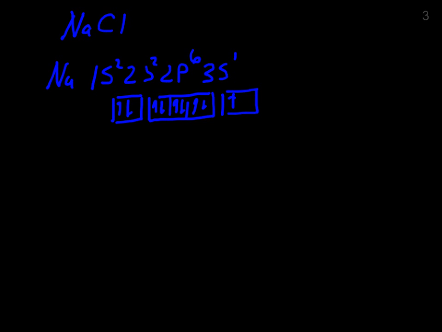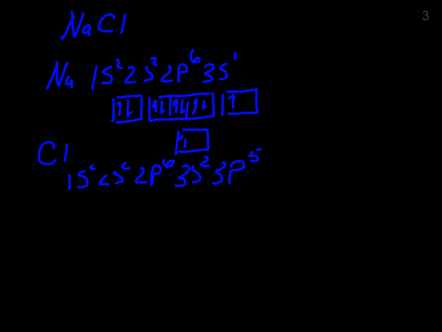Now if I draw chlorine, Cl, its electron configuration is 1s2, 2s2, 2p6, 3s2, 3p5. And its last orbitals would look something like this. The s, there'd be one electron there, one electron there, so paired up electrons.